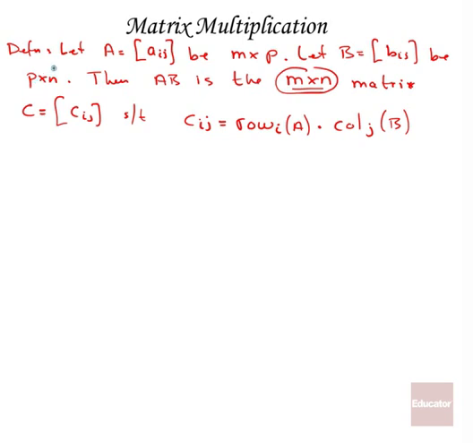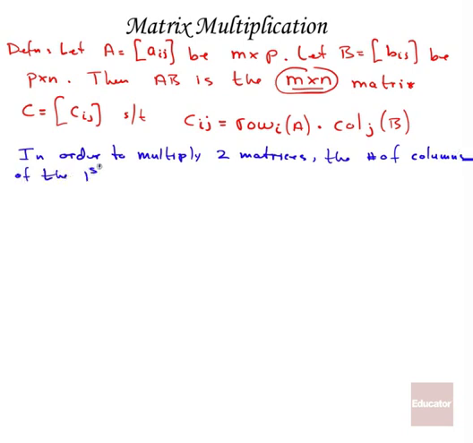So, in order to multiply two matrices, let's write this one out specifically. In order to multiply two matrices, the number of columns of the first must equal the number of rows of the second.